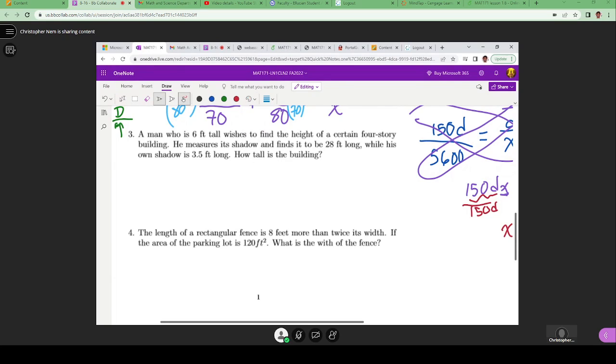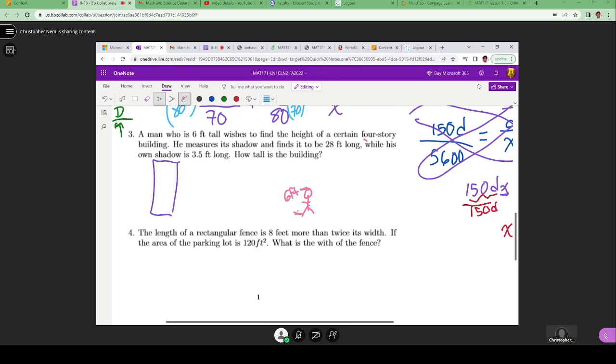So I'd recommend drawing a picture first. So we have a man, let's say Bob. We have a person. And then we have a building. This is the building. Now, he wants to find out how tall the building is. And I don't know how tall it is. However, he is 6 feet tall, 6 feet from here to here.